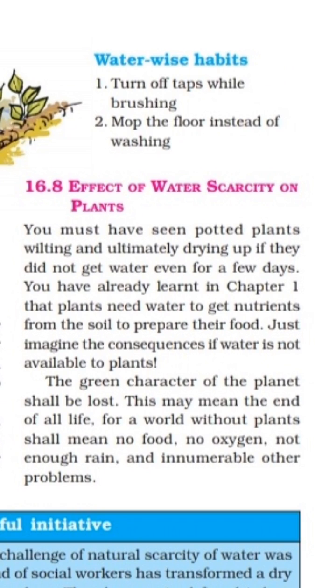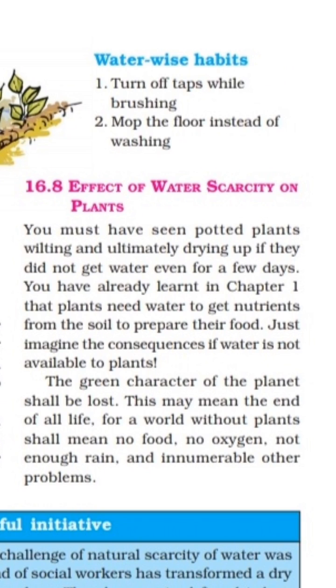Suppose water is not available to plants, then they cannot prepare their food. It means the green character of the planet would be lost, and this means the end of all life. In a world without plants there would be no food, no oxygen, not enough rain, and innumerable, countless other problems.